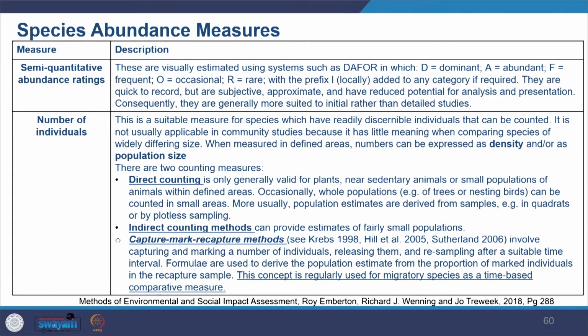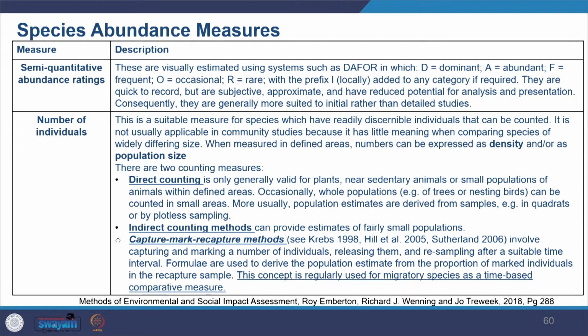You see what kind of species are dominant, and then A for abundant, F for frequent, which you see frequently, O for occasional, and R for rare. Then you can also have locally, if it is required, if it is locally available material.